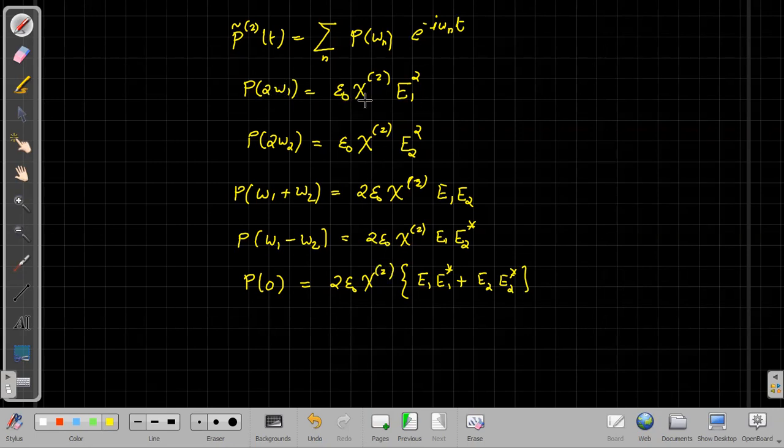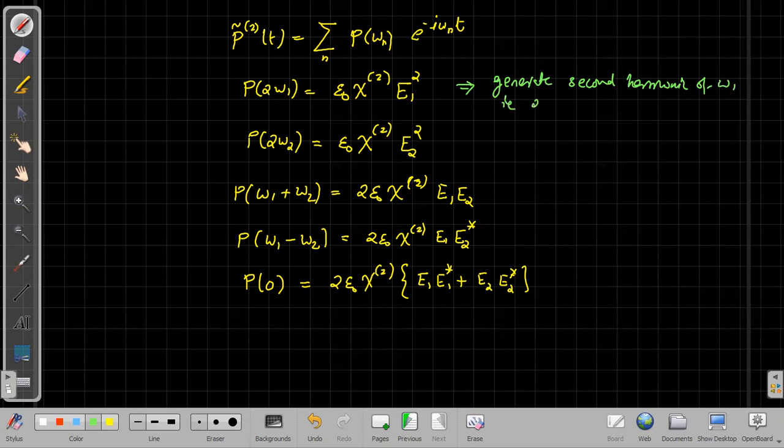Okay, so the first term is oscillating with frequency 2 omega 1. So obviously that will generate the second harmonic of omega 1.